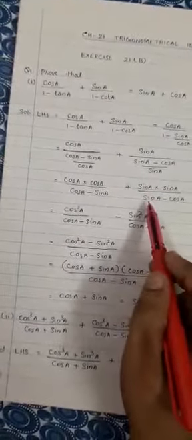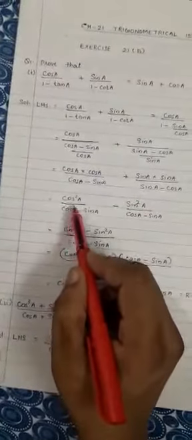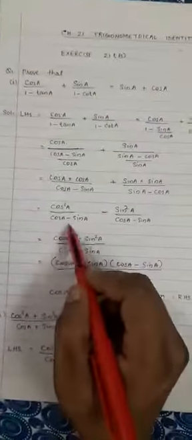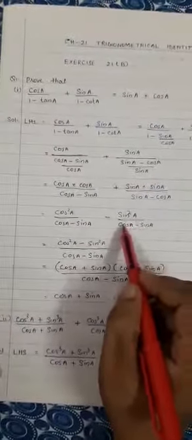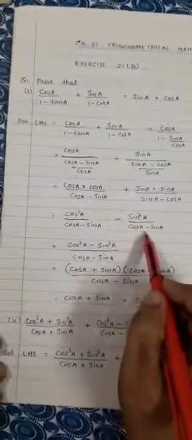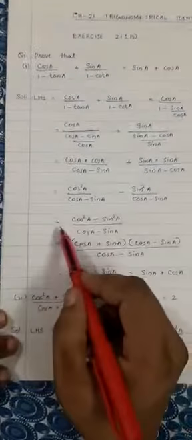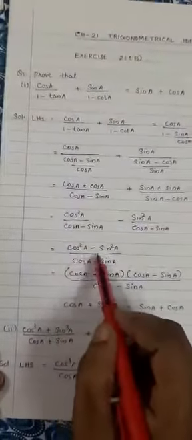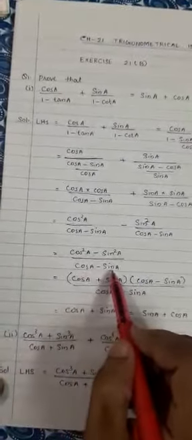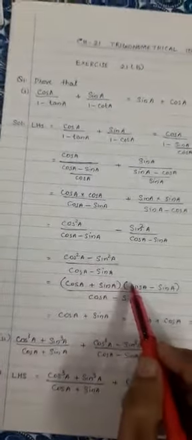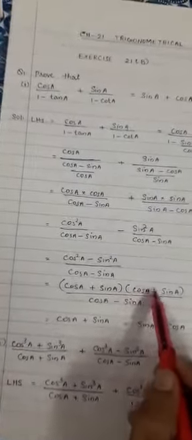Fractions division is equal to take the reciprocal and multiply. Equal to cos square A divided by cos A minus sin A minus sin square A divided by cos A minus sin A, equal to cos square A minus sin square A divided by cos A minus sin A. As we know, a square minus b square is equal to a plus b into a minus b.